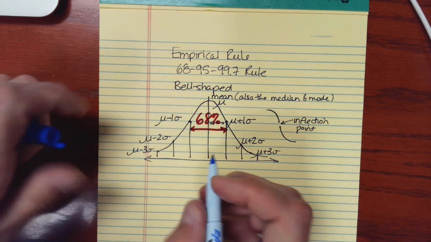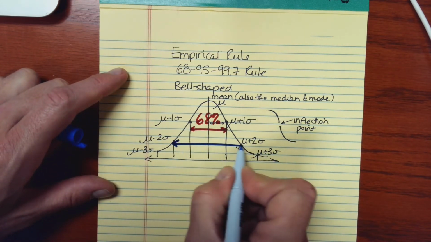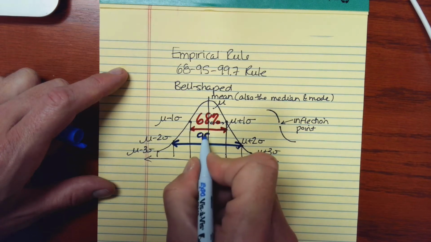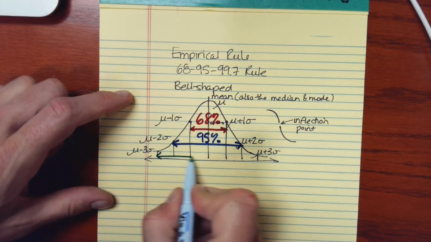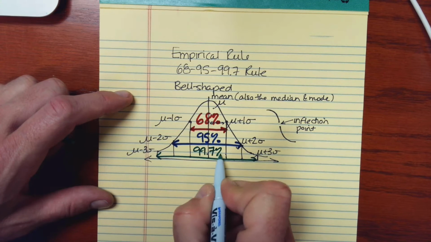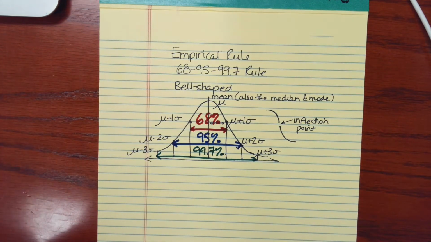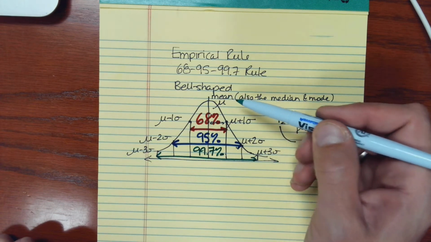If we take the mean plus or minus two standard deviations, we'll capture 95%. And if we stay within three standard deviations, we'll capture 99.7% of the data.